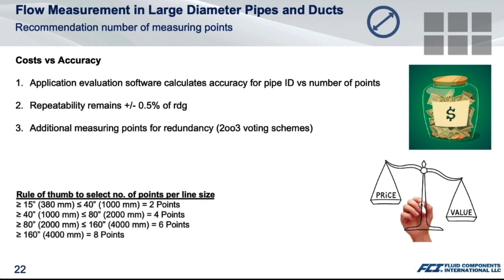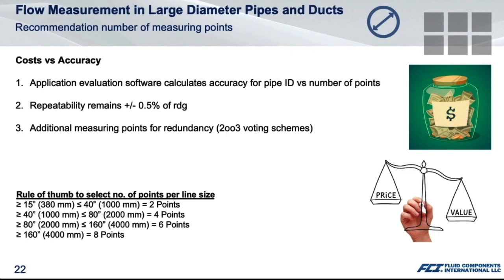As a rule of thumb, for the optimum accuracy, we have provided the following point selections. Between 15 and 40 inch, 2 points; 40 to 80 inch, 4 points; 80 to 160 inch, 6 points; and above 160 inch, 8 points.